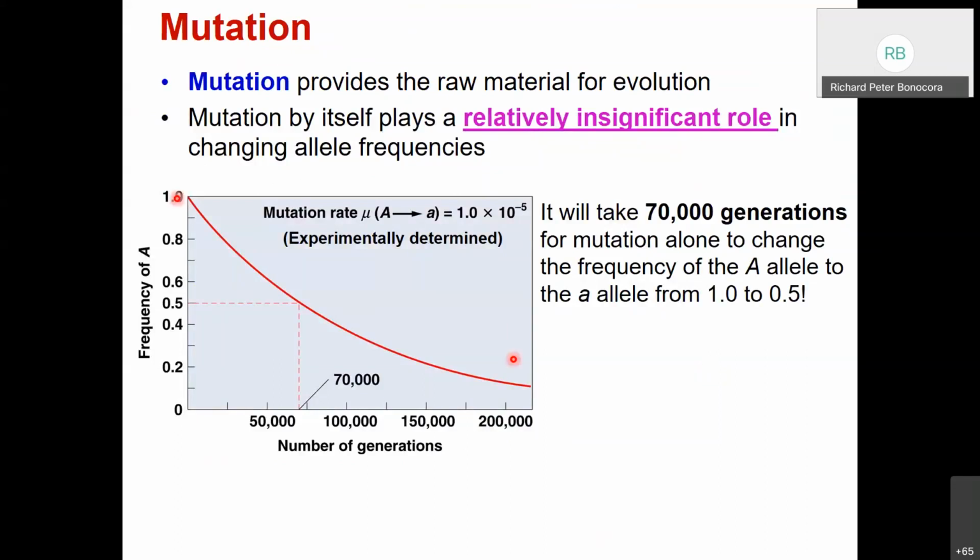Here, say we have an example where the frequency of the big allele is at 100%. In order for that to change, it has to change by mutation. And if it's mutation alone, the frequency of mutations is very low, and this gets determined experimentally.